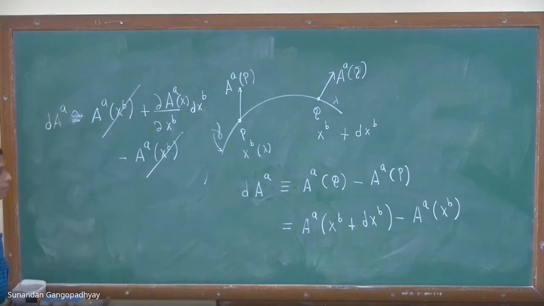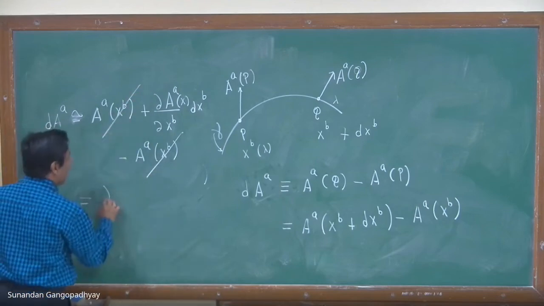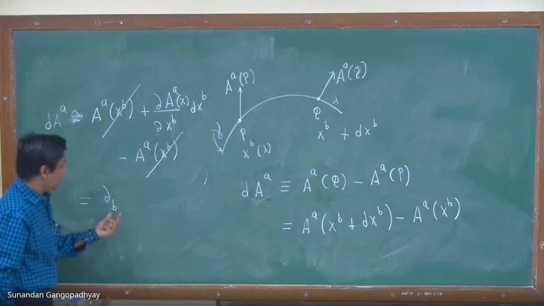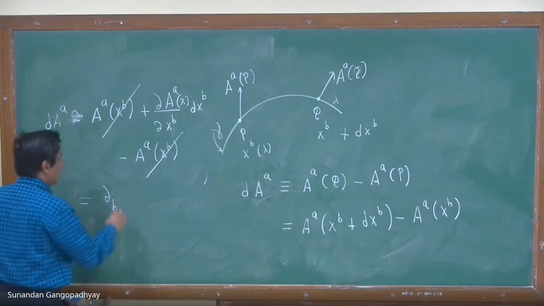This cancels. I will use a shorthand notation: del with respect to x^b I shall denote by del_b.